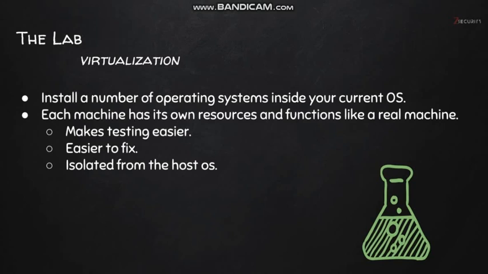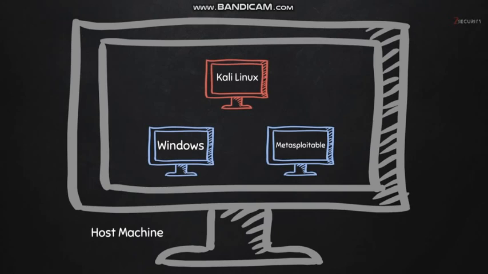Second, all the machines are going to be isolated. So as we go through the course, we're going to be trying to hack into these machines, and we might actually break one of them. But that's fine. It will not affect your host machine. You will be able to easily fix this and go back to a snapshot of when the machine was working without affecting your main computer.